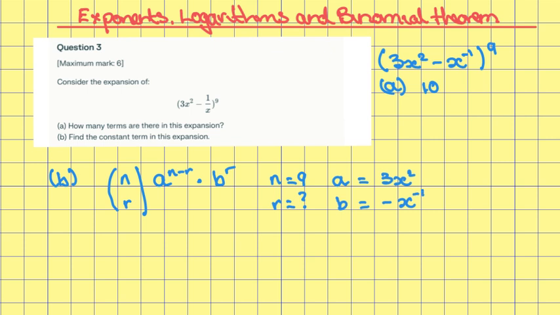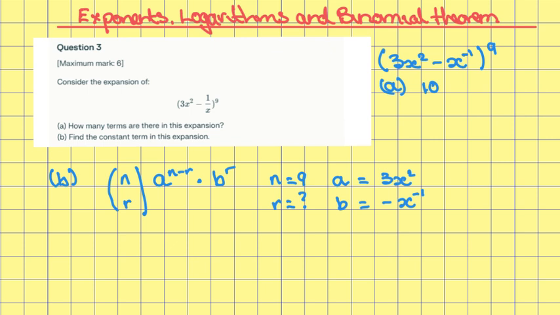The first thing we have to do is find the value for r. To do that, we want every term in the expression that gives us an x value. So x squared will give us some value of x, and x to the power of minus 1 will.